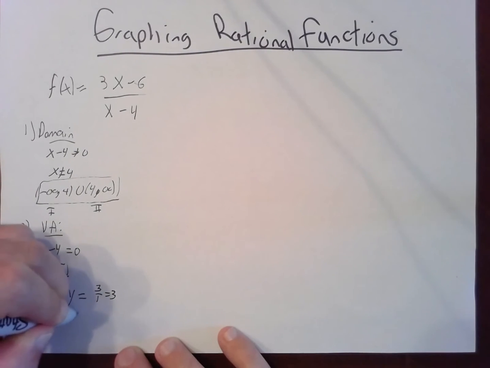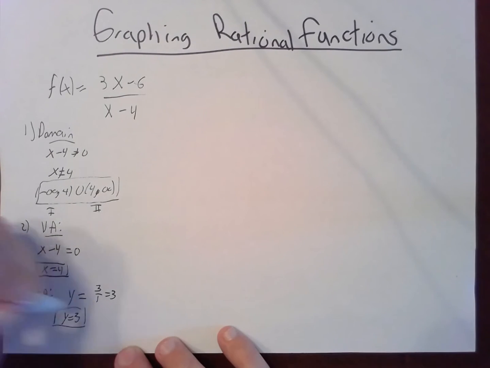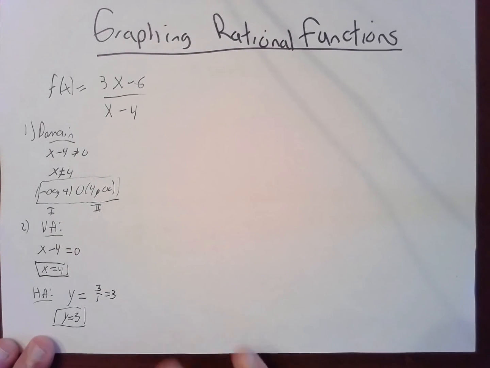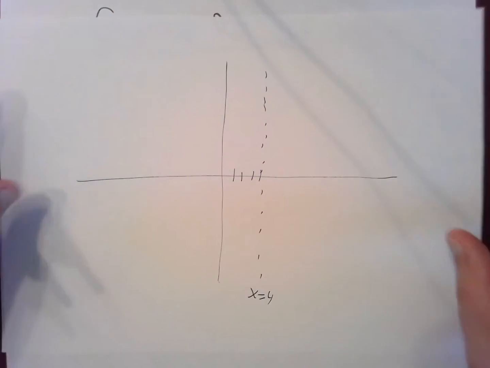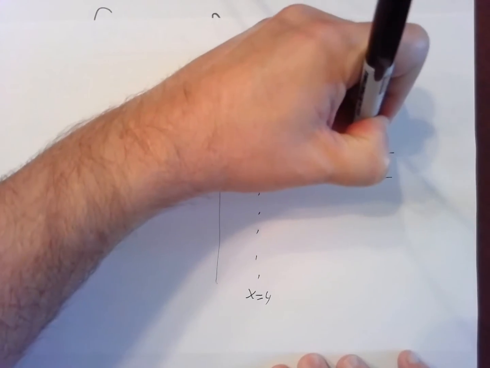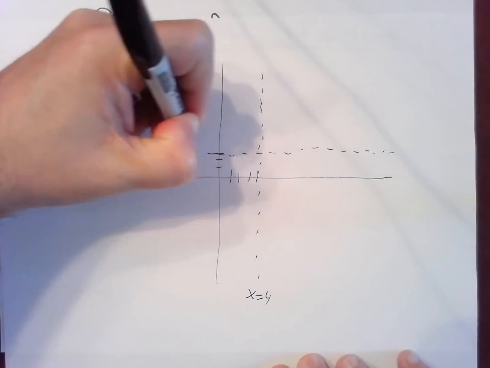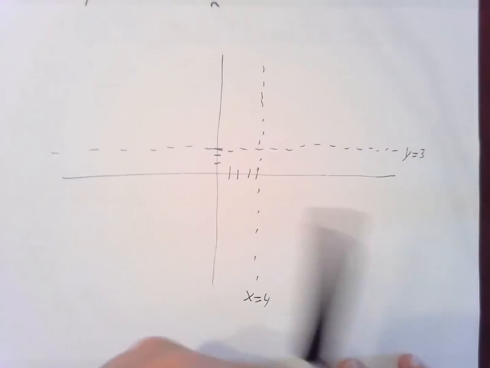So my horizontal asymptote is the horizontal line y equals 3. As soon as I find something, I put it on my graph. So here, y equals 3. Horizontal asymptotes are horizontal lines. y equals 3.